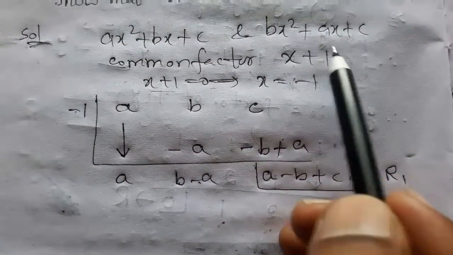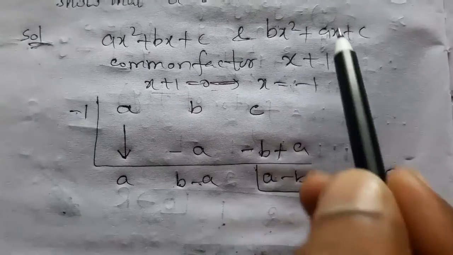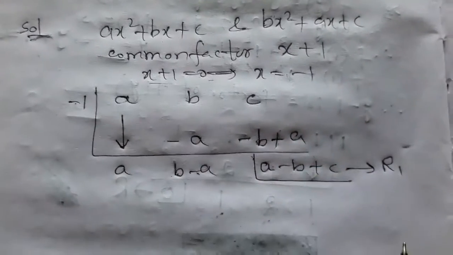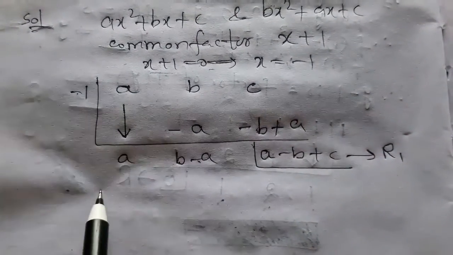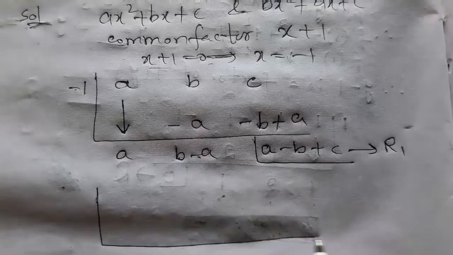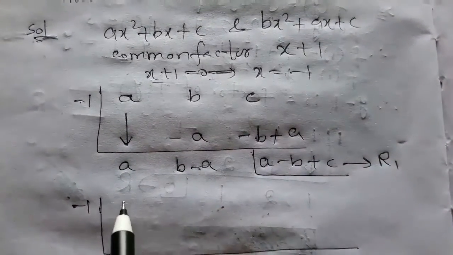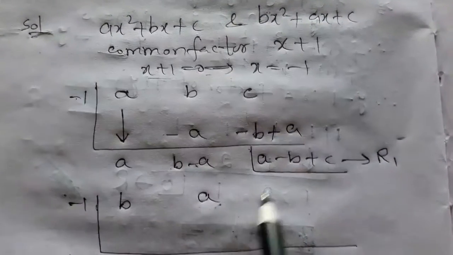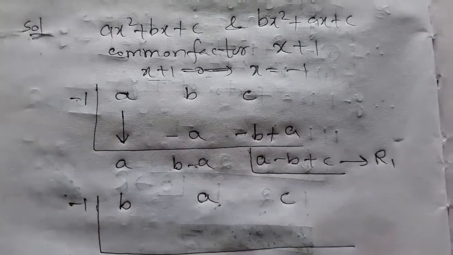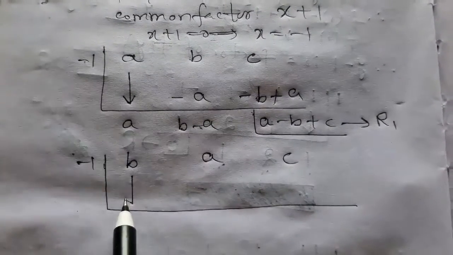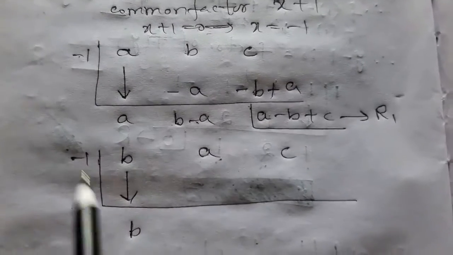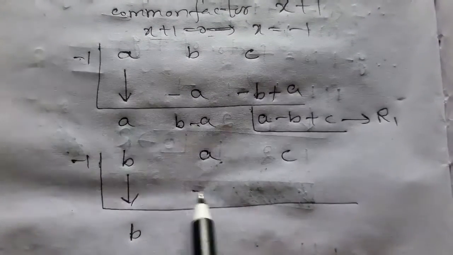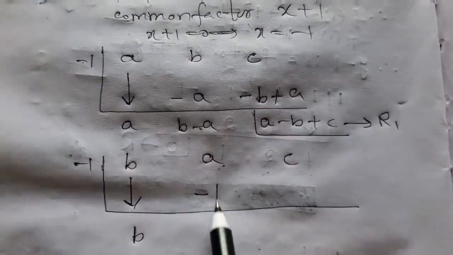Now by using this x is equals to minus 1, divide the second polynomial. By using synthetic division, minus 1, second polynomial, x square coefficient is b, x coefficient is a, and constant term is c. Now bring down this b as it is. Minus into plus became minus, and 1 into b became b.